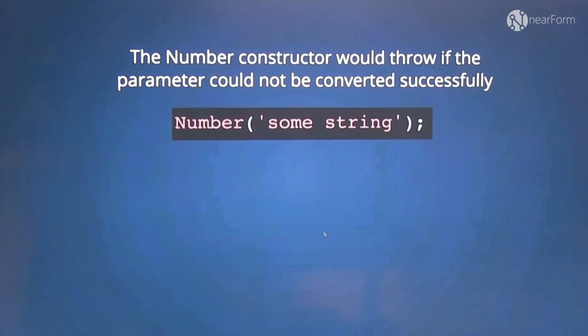That means it would give you a pop-up in the page, and the user would have to accept. Any other of the primitive constructors like String or Boolean or Function or Object would not do this. They would coerce every type into the expected type.